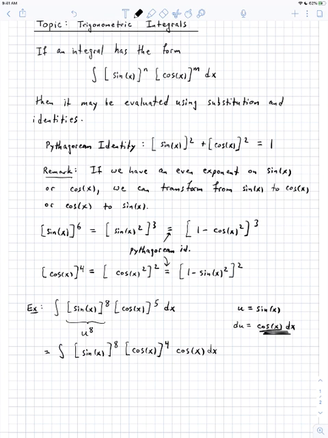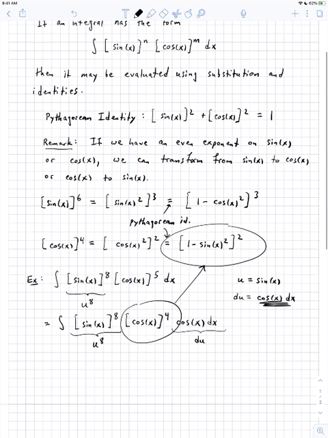So sine x is u, so this is u to the 8. And cosine x dx, that's our du. In the middle here we have cosine x to the 4th. But, as we saw earlier, we can write cosine x to the 4th as an expression involving only sines. So I can take this cosine x to the 4th and rewrite it like that.